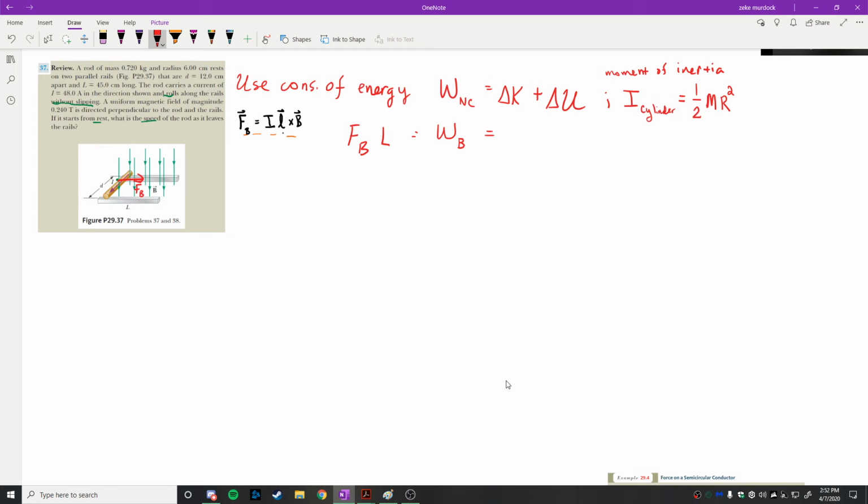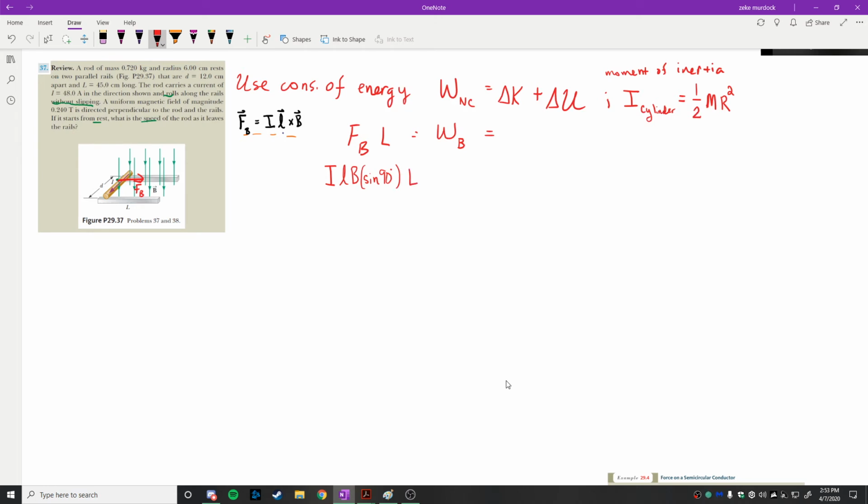Well, this force is a constant force, right? So you can just do F dot delta R if you want. You don't need to do an integral because it's a constant force. So the left-hand side is just going to be the force, which is basically just I times L times B, and then you need to multiply by the sine of the angle between L and B, which in this case is going to be what? 90 degrees.